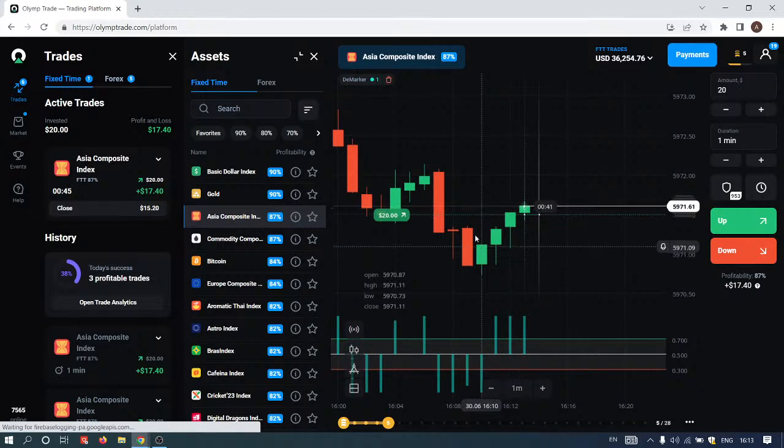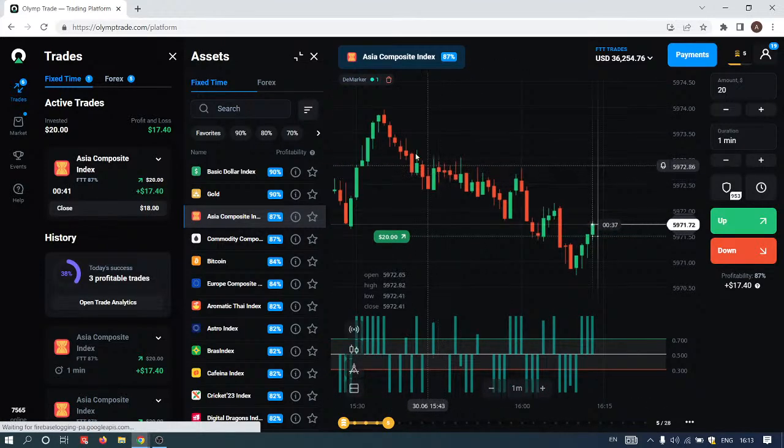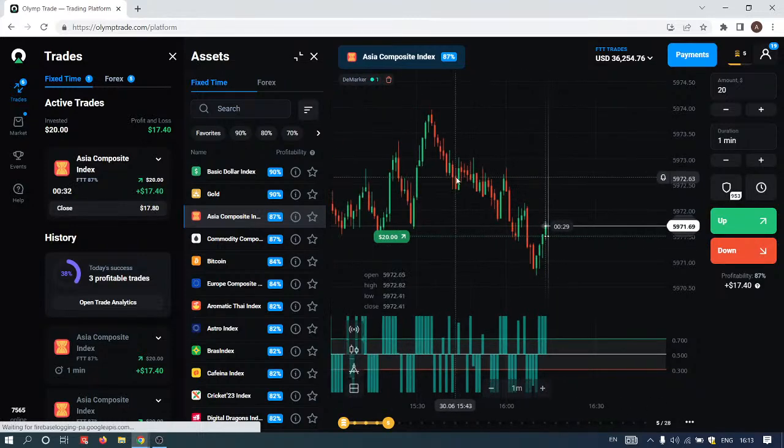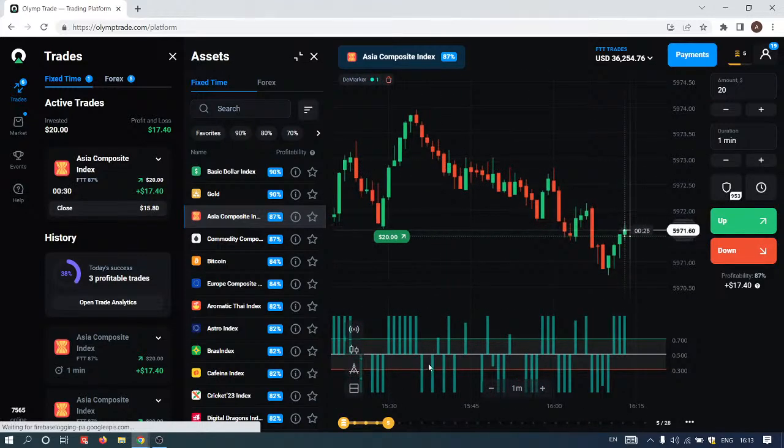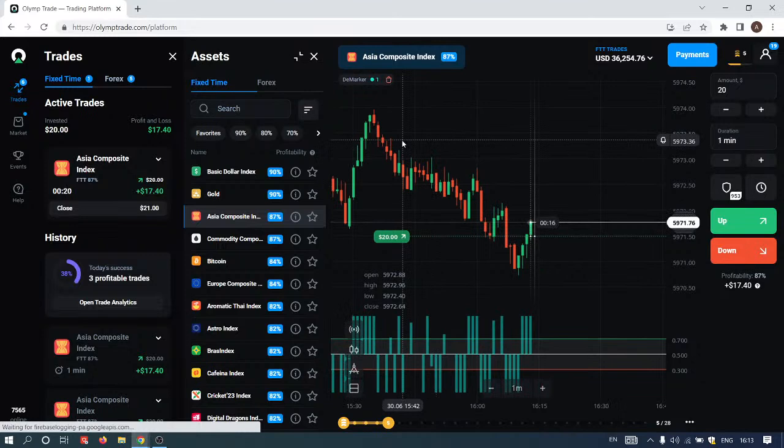So basically, as you can see, this indicator and this strategy in particular corresponds with the more or less global trend. So there are more downward dashes here because the current trend is a downwards trend. So it is as simple as that.